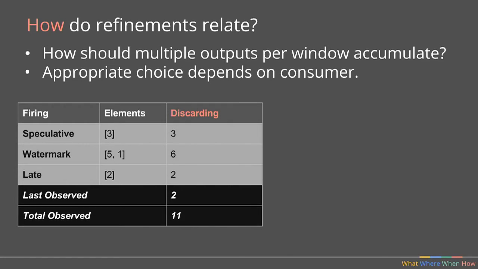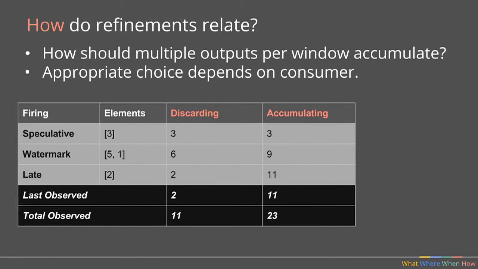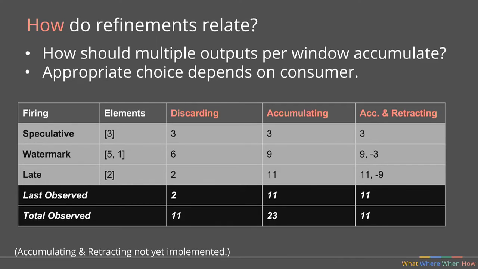We can, for example, discard late data. It might be okay for some applications, right? In that case, we are not accounting for it, but we can discard it. We can accumulate, and we can accumulate and retract. The model allows us to do that. We did not implement it yet.